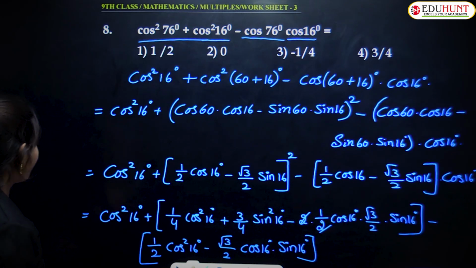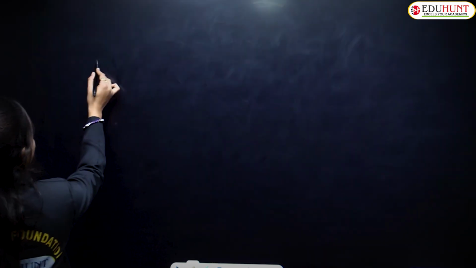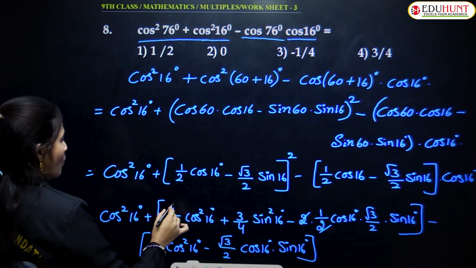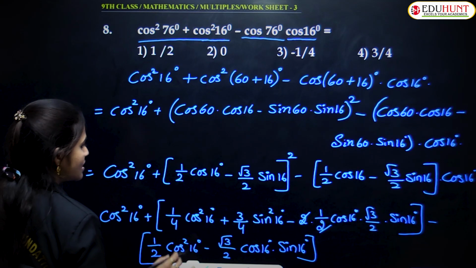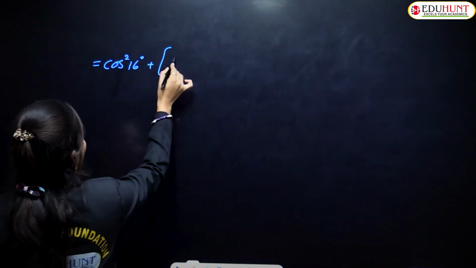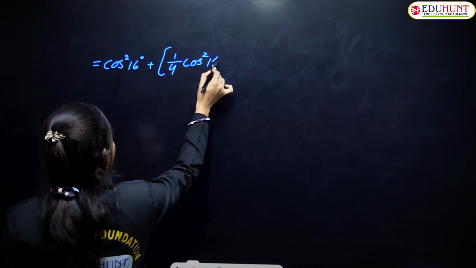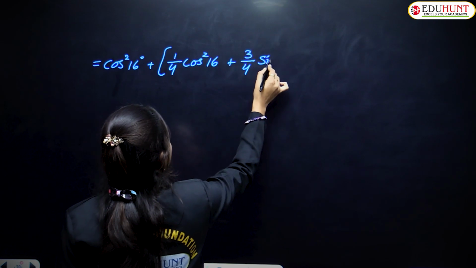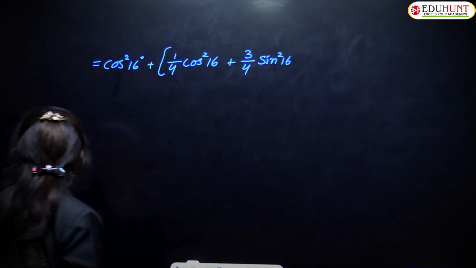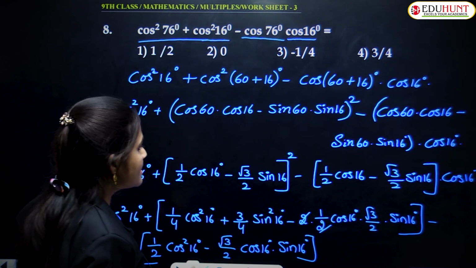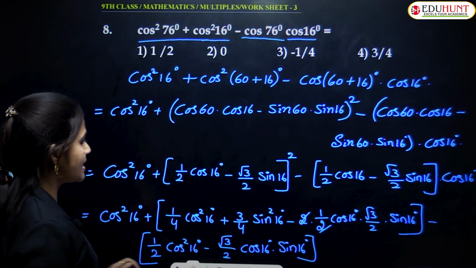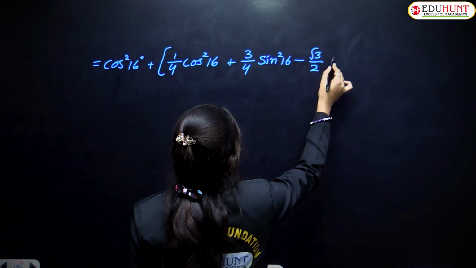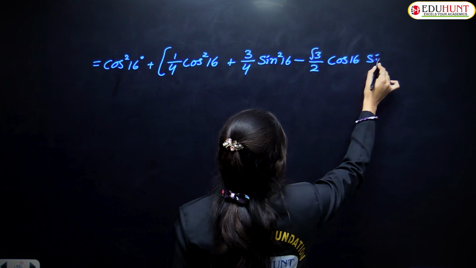Okay. So the leftover is equal to cos square 16 degrees plus 1 by 4 cos square 16 plus 3 by 4 sin square 16 minus root 3 by 2 cos 16 sin 16 minus root 3 by 2 cos 16 degrees into sin 16 degrees.